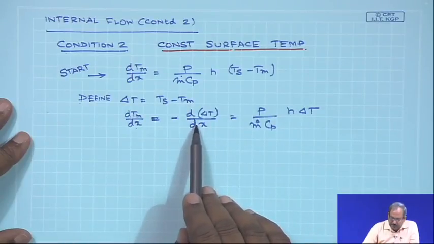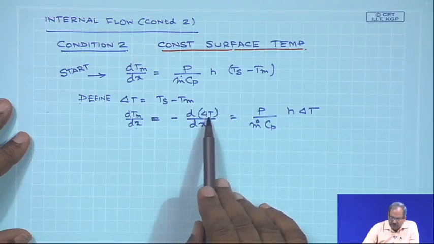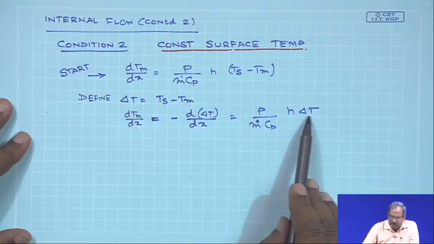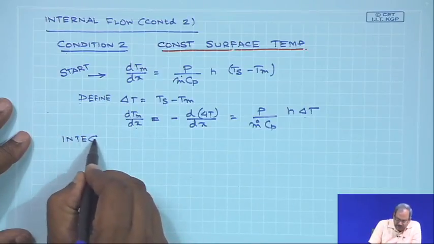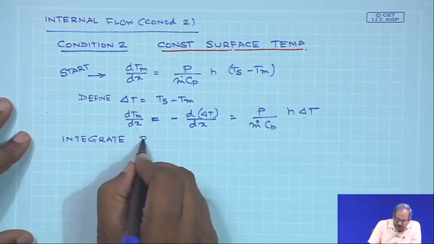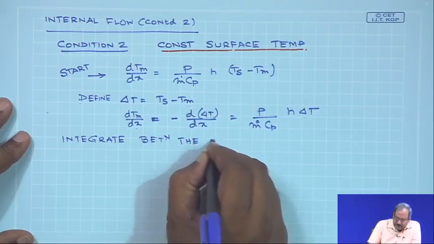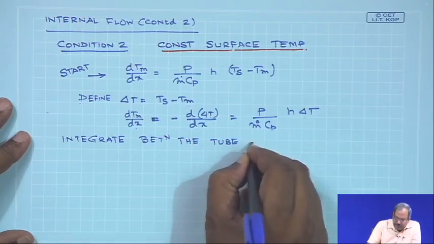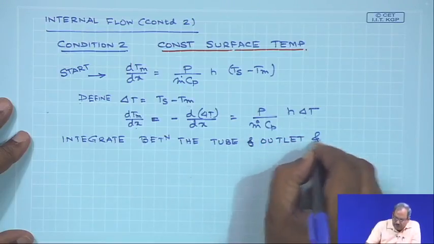Now, you can see I am getting a differential equation with the temperature difference on the left hand side and the temperature difference on the right side as well. So, I can integrate this differential equation between the tube inlet and outlet.